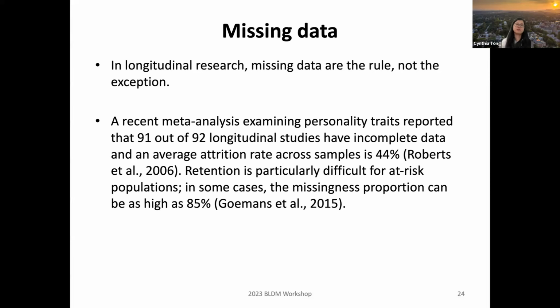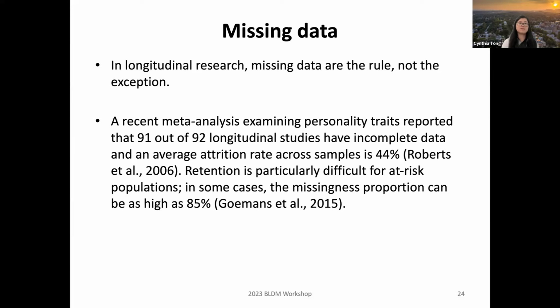Now we're going to talk about missing data in longitudinal research. In longitudinal studies, missing data are the rule, not the exception. Although at the data collection stage, researchers try really hard to reduce attrition using various strategies such as planned missingness designs, sending reminders or incentives, missing data are still not avoidable.